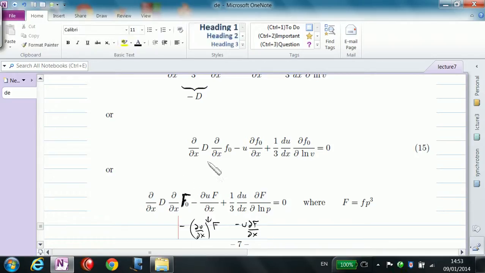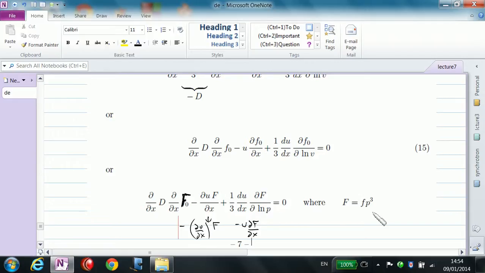Okay, if I multiply this by p cubed, the little f's become big F's. But here's the thing. That part's simple. I just multiplied this by p cubed.